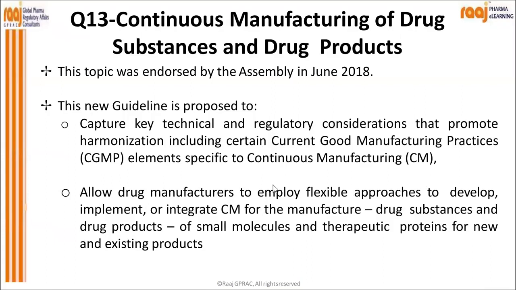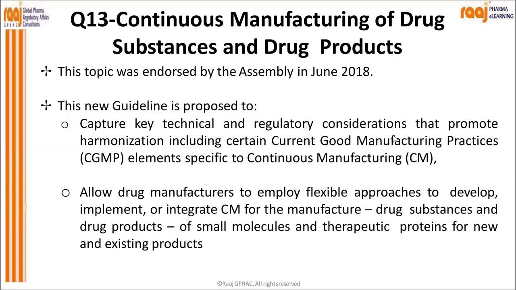Then Q13 talks about the continuous manufacturing of drug substance and drug product. Okay, this is also a new guideline published in June 2018. And this guideline is proposed to capture what?